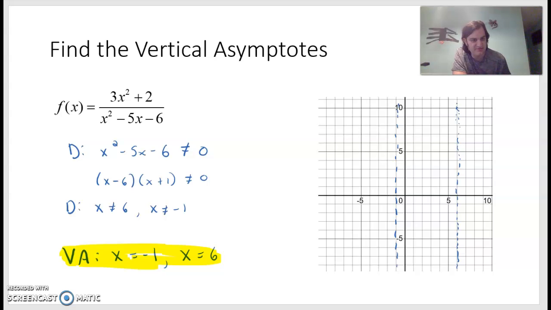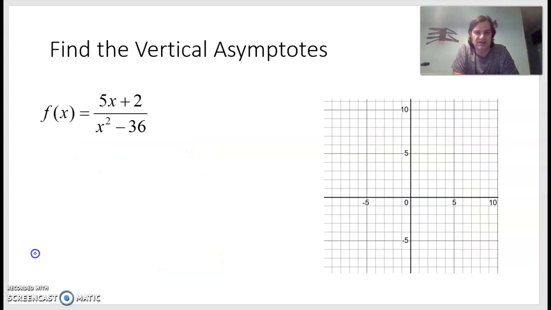The vertical asymptote, this example is f of x equals 5x plus 2 all over x squared minus 36. So again, we're going to focus on that domain issue. Denominator x squared minus 36 cannot be 0.